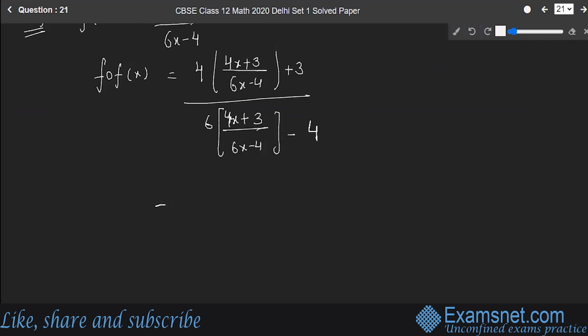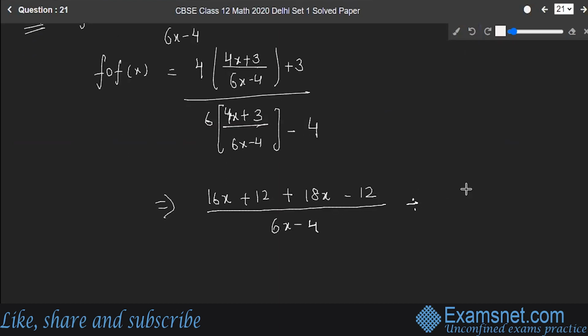Okay, so let's open it up. You will have here 16x plus 12 plus 18x minus 12, and the whole will have the denominator as 6x minus 4.